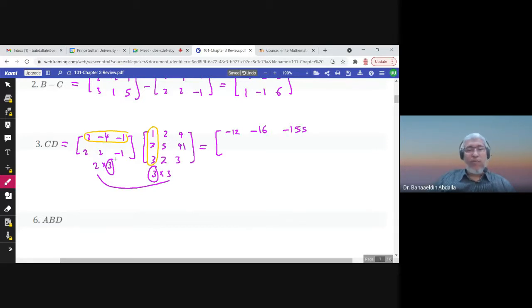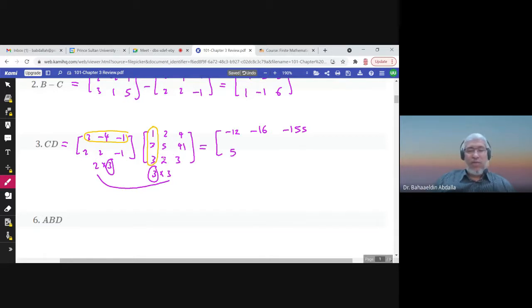155. And now I use the second row of C and multiply it by the first column of D. So 2 times 1 plus 2 times 3 minus 1 times 3. So this will give you 5.